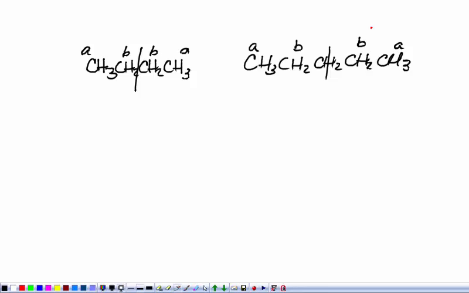Are those two CH2s equivalent to the middle CH2? No, because I can't draw a mirror plane that would make the middle one equal to the ones on the outside. So it's its own set, which is C. So there are three sets of chemical shifts.